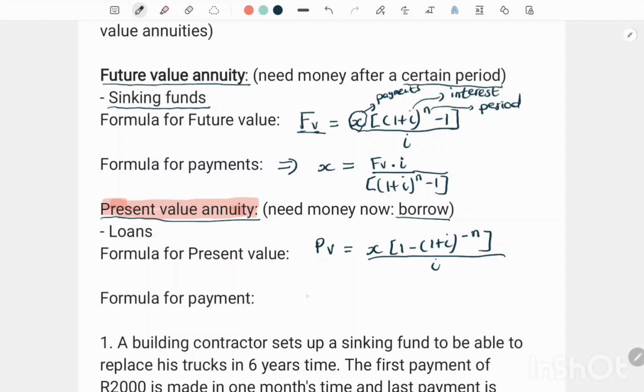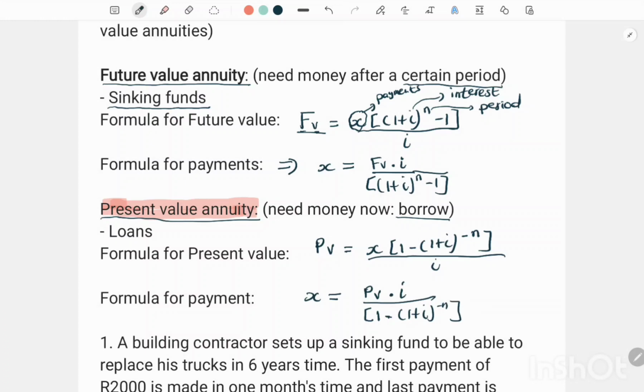Then the formula for calculating the payment is X equal to PV multiplied by i, all over that whole bracket, which becomes your denominator: 1 minus (1 plus i) exponent negative n.